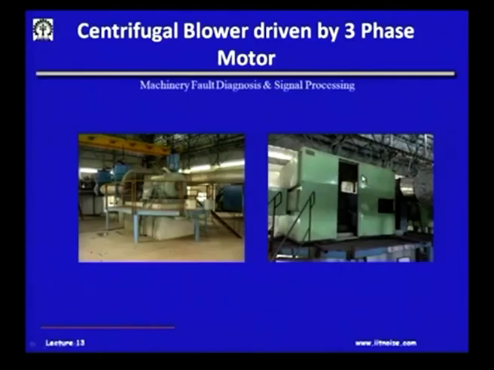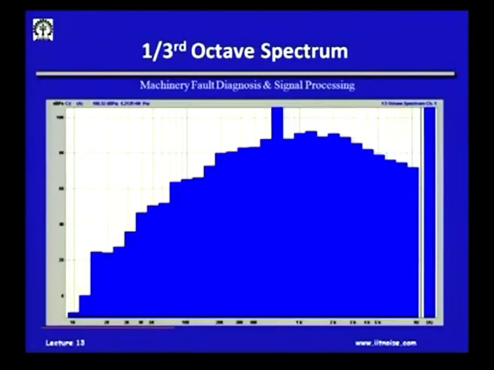We will come to this later on, but I will just show you another spectrum of this noise which was measured and then we had analyzed this at that frequency. Now, what is here is a 1/3 octave spectrum.